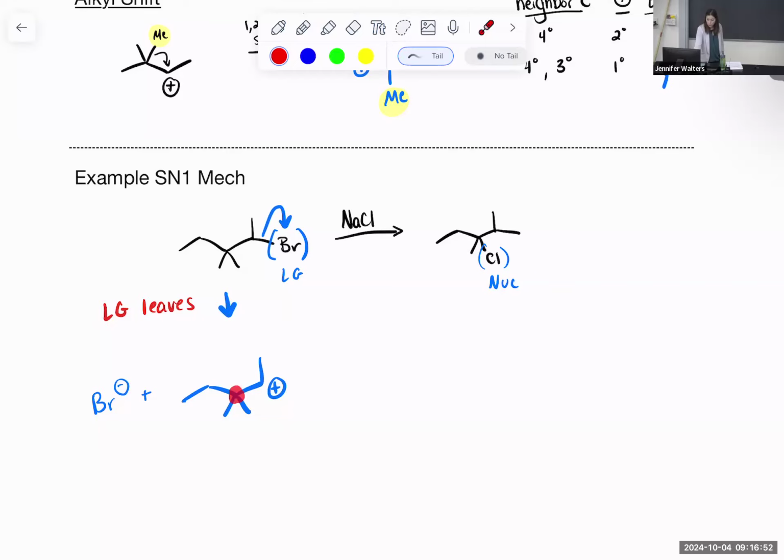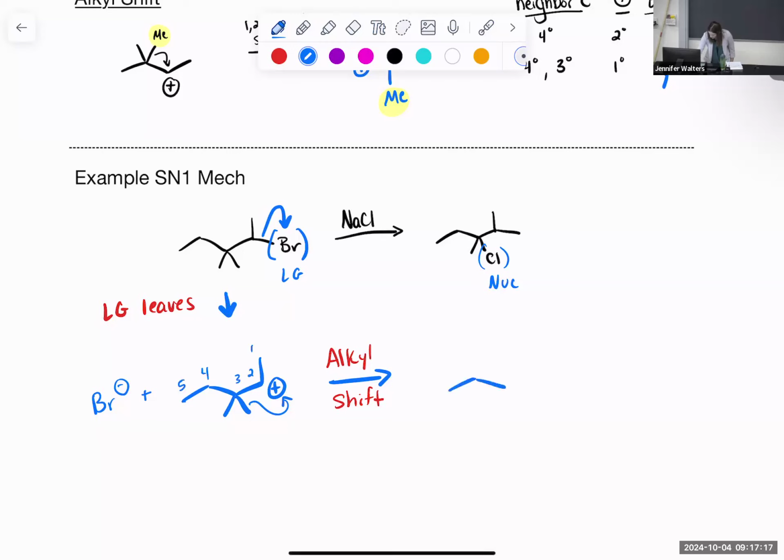But here it is quaternary, so I could have an alkyl shift. And because that can happen, it will happen, because you must make the most stable carbocation first. So we're going to get that alkyl shift. So that now I have one methyl attached to carbon 2 and the other methyl attached to carbon 3.